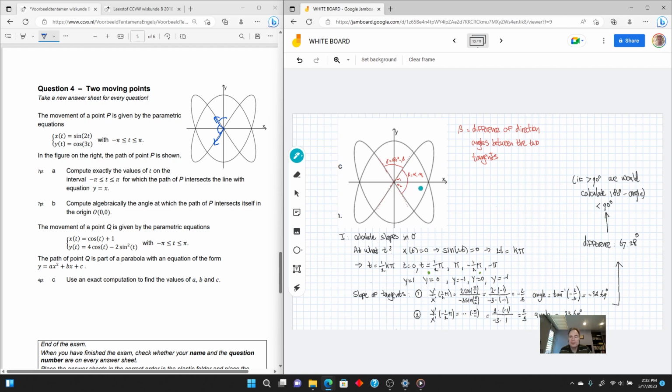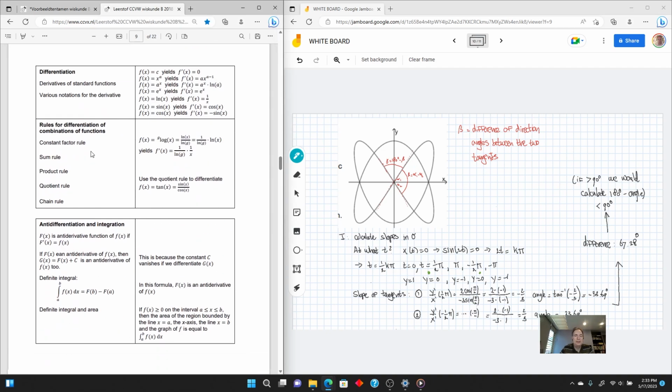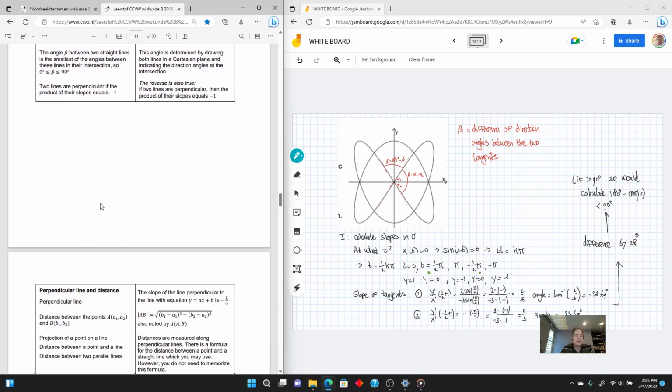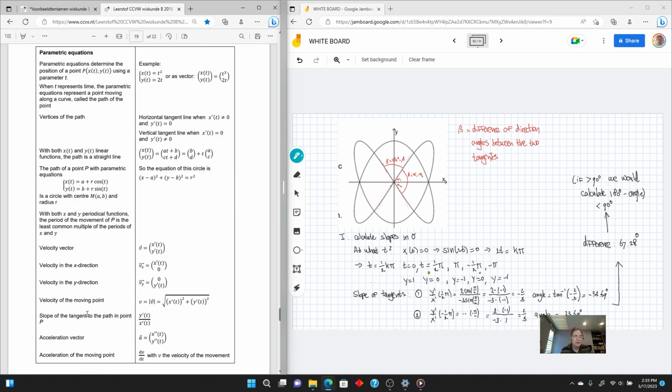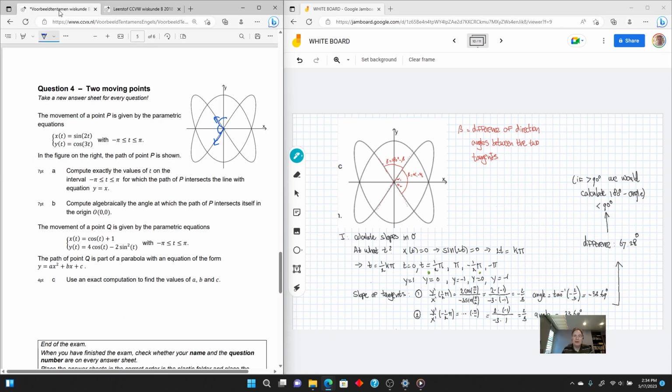It's just alpha 2 minus alpha 1. So let's calculate the slopes. Then there's this whole section on parametric functions. Slope of the tangent to the path in point P on a point on the curve is y prime divided by x prime.